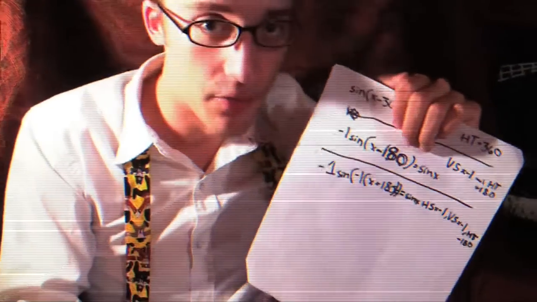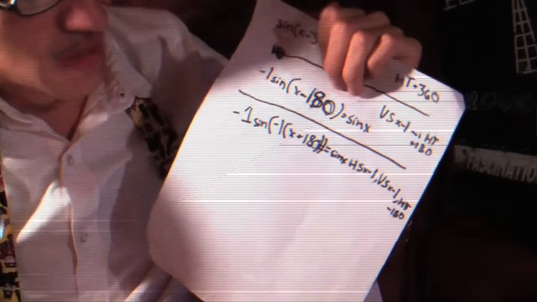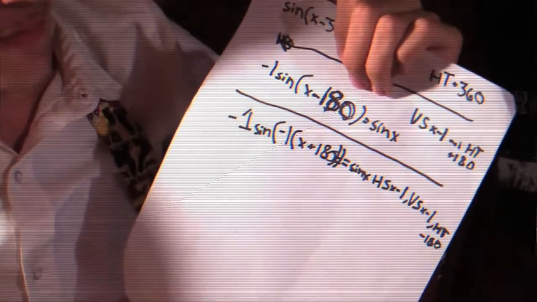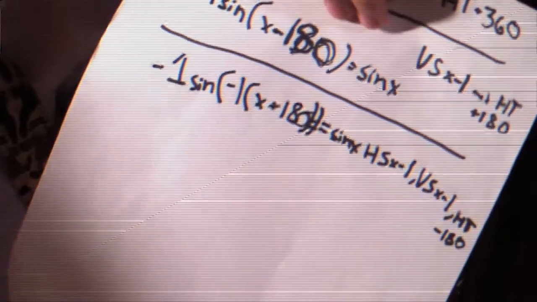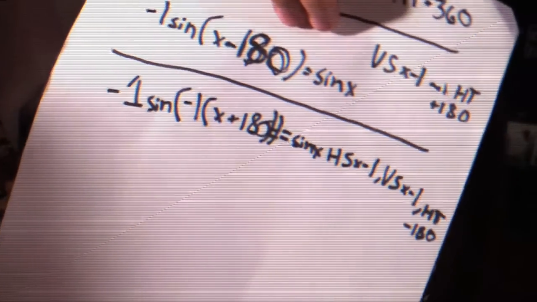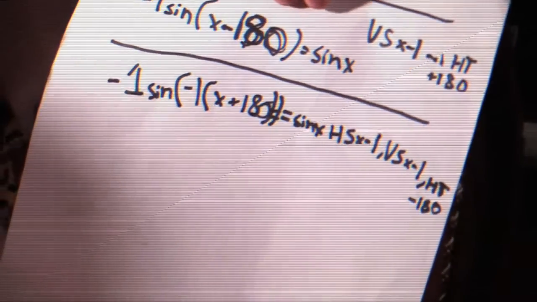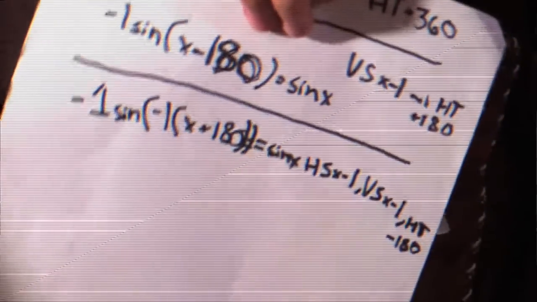This one's gonna be a tough one. I'm going to horizontally stretch it -1, which means I've rotated it completely. I will have a vertical stretch of -1, which means it will be reflected. And a horizontal translation of -180, which means it will be moved back 180 degrees.